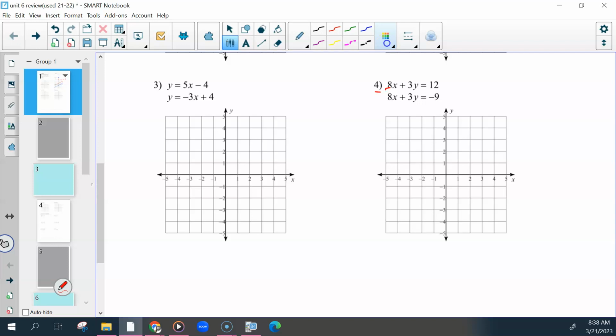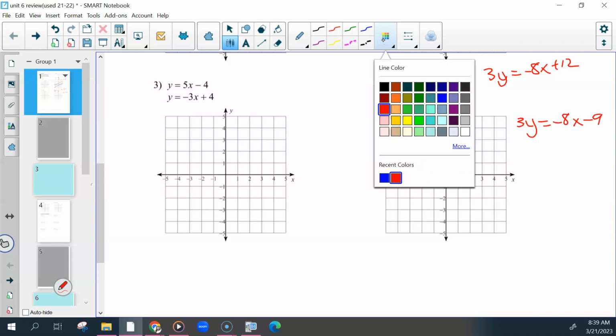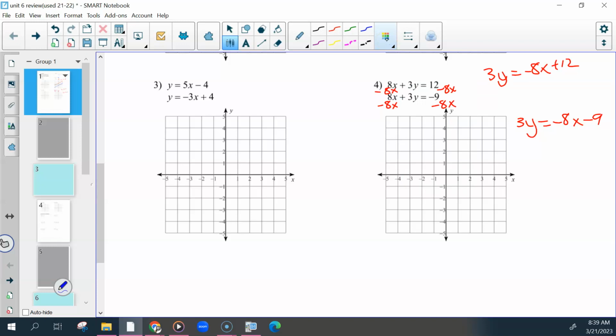You're going to do that for both of them at the same time. You have 3y equals -8x plus 12, and 3y equals -8x minus 9. And then our next step, divide everything by 3.